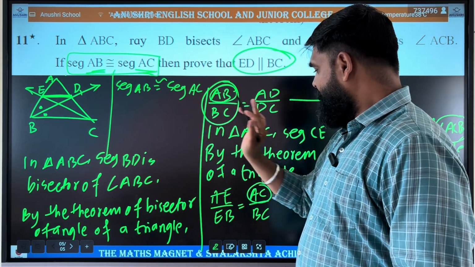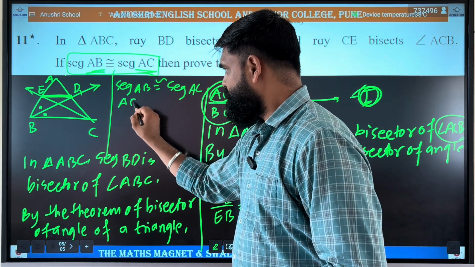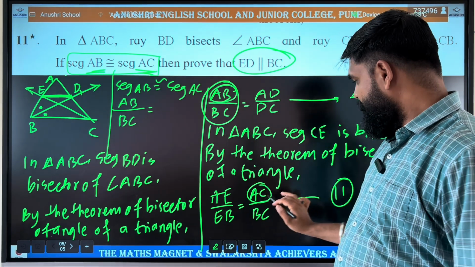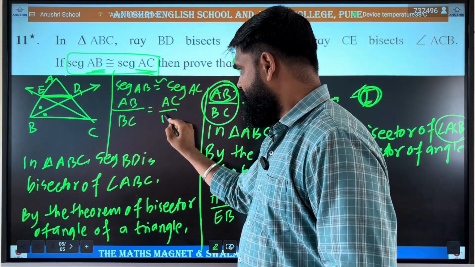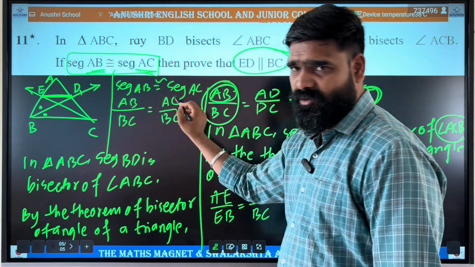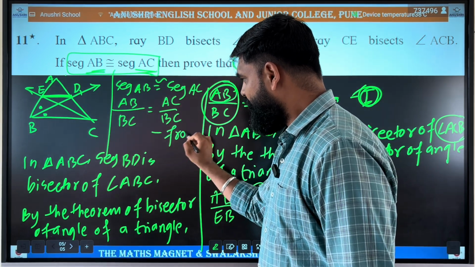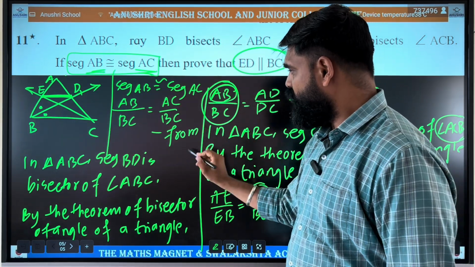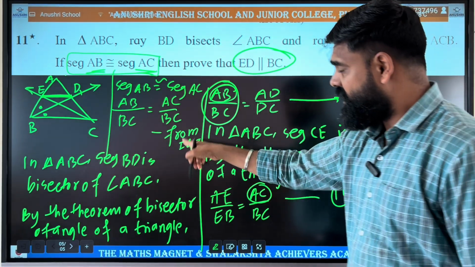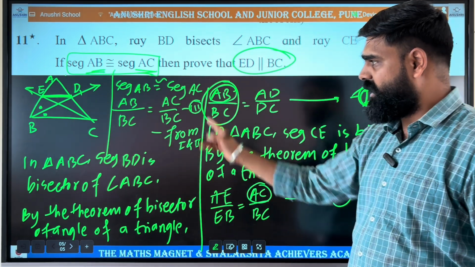So I can write directly AB by BC is equal to AC by BC. क्यों लिख सकते हैं हम? क्योंकि सेगमेंट AB एंड AC इक्वल है, so that we can write this from 1 and 2. This is the equation number 3.